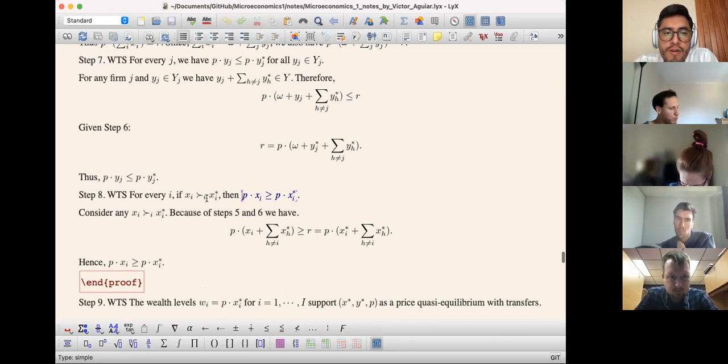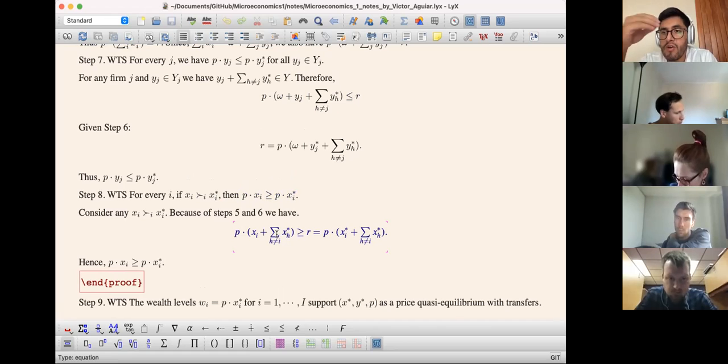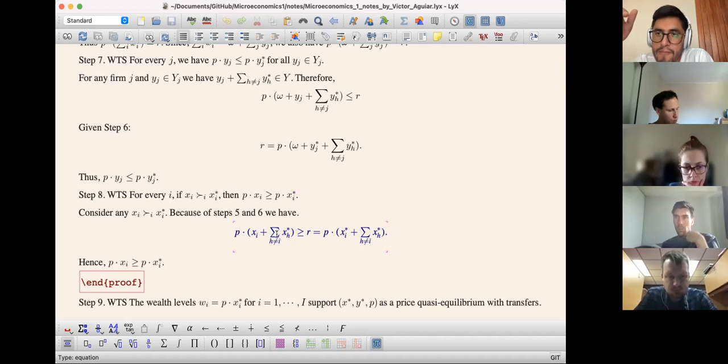Because of step 5 and 6, we have the following. First of all, if I take this summation of allocations and I remove the xi star from individual i, then this is still a set in the upper contour set, right? So this means that this must belong to the capital D set.